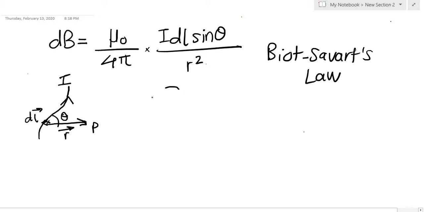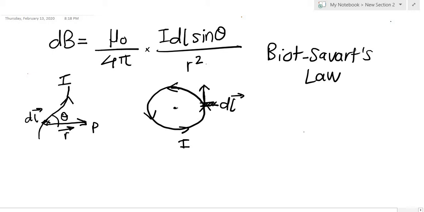So the first case is when we have a circular loop which carries current. Again, we can call the current I. Then we have, say, a differential length element on the circumference, call it dl, and it's tangential to the surface.